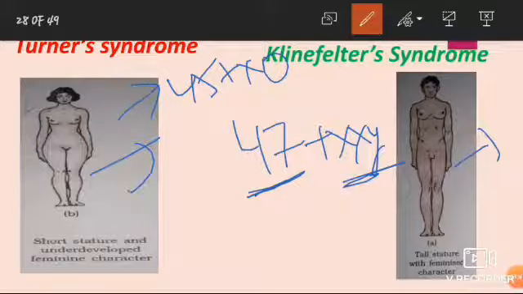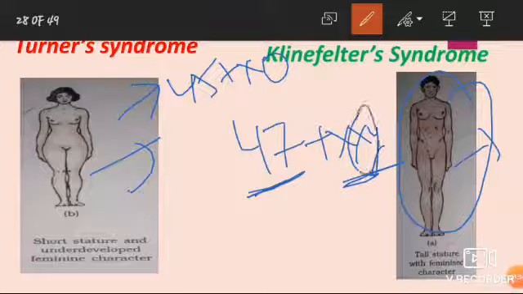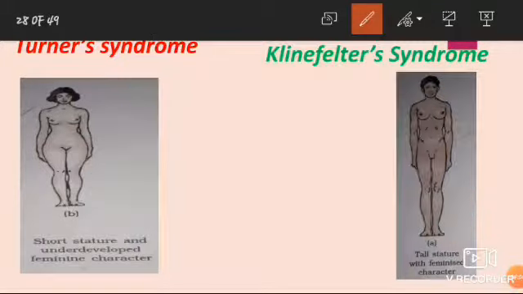So the symptom of this syndrome is that this male shows masculine development, but some feminine development also occurs in this male because of one extra X chromosome. The prominent character that occurs in these males that have Klinefelter syndrome is development of breast, and this condition is known as gynecomastia.